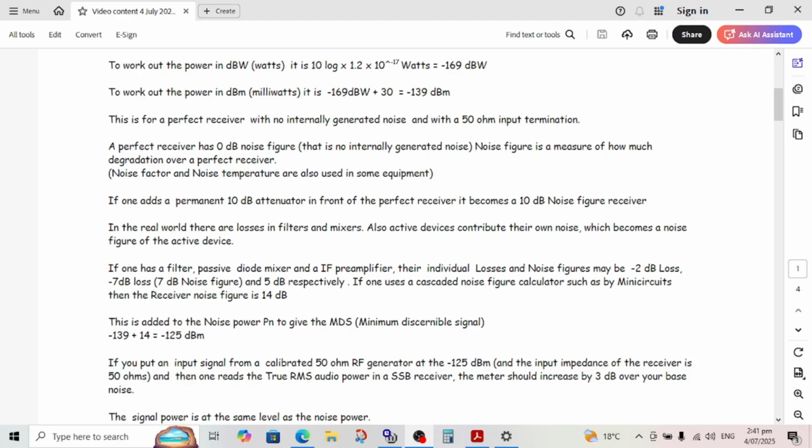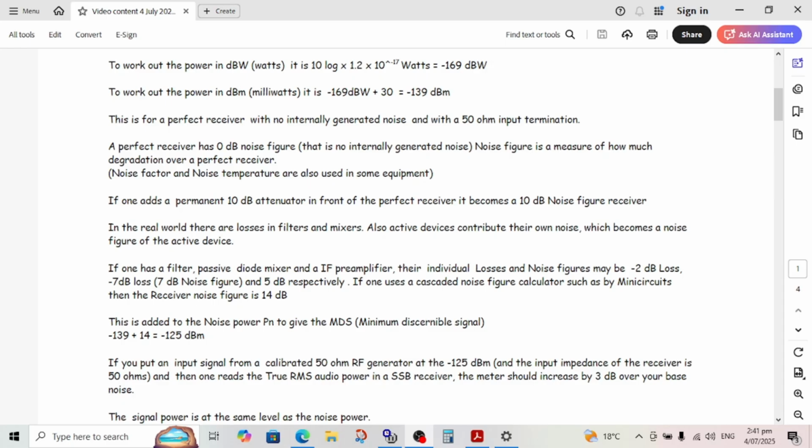If one has a 10 dB attenuator in front of the perfect receiver, then it becomes a 10 dB noise figure receiver. In the real world, there are losses in components such as filters, diode mixers, and also the IF preamplifier will show a noise figure which is contributed by the internal noise of the active device.